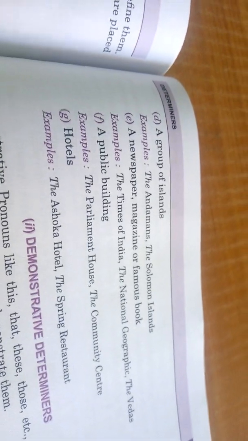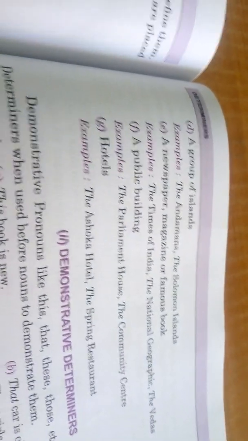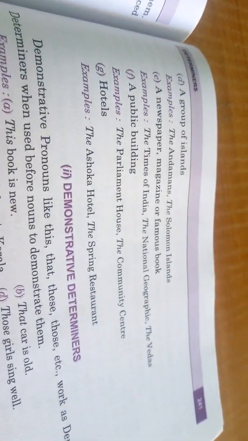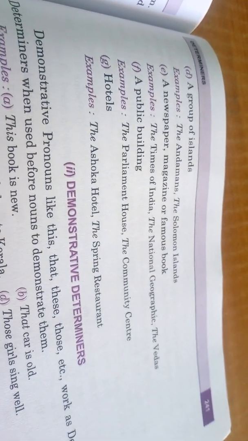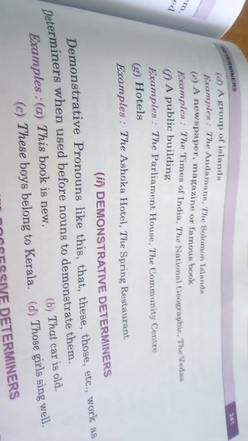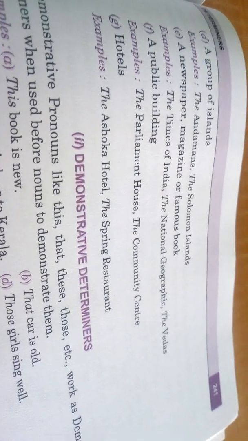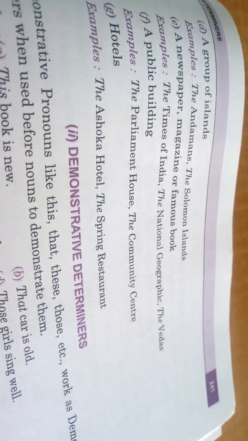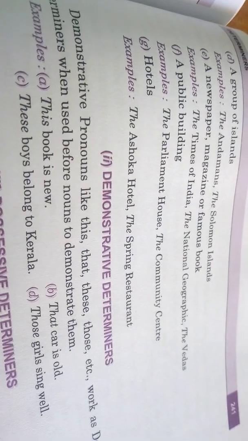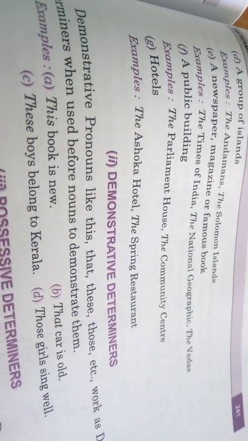Okay. And before the name of a newspaper, any magazine, or any famous or religious book, we have to use the. For example, the Times of India, the Hindu, the National Geographic, the Vedas, the Ramayana, the Gita. Okay.